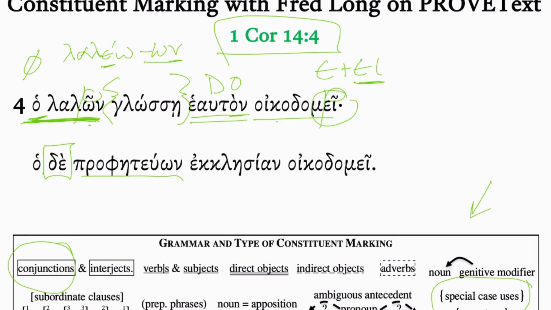We're contrasting the kind of edification that occurs when one speaks in a tongue or a language and when one prophesies. Okay, so there's a disjunction between the one speaking and the one prophesying, and then the nature of the direct object, ekklesian, and the verb is different.